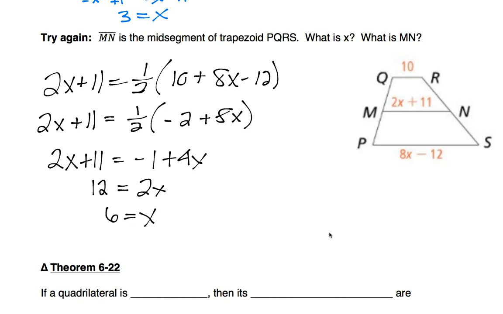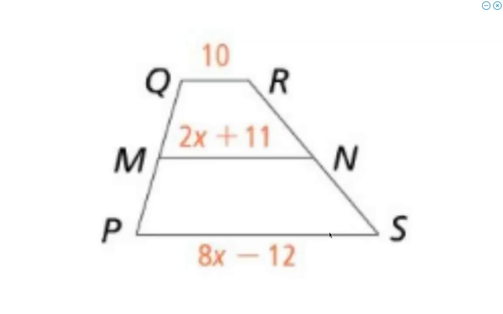X is 6. So it says, what is MN? 12 plus 11, 23.